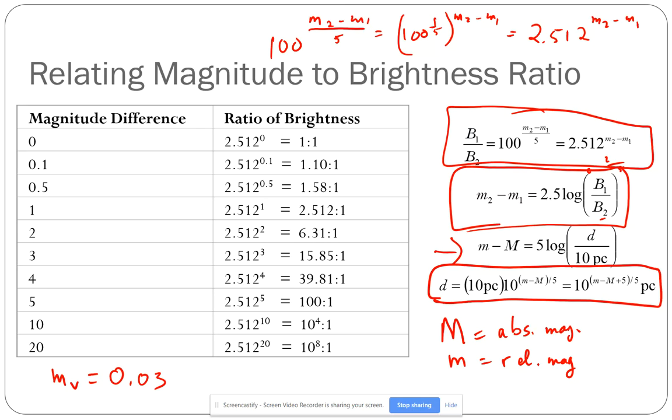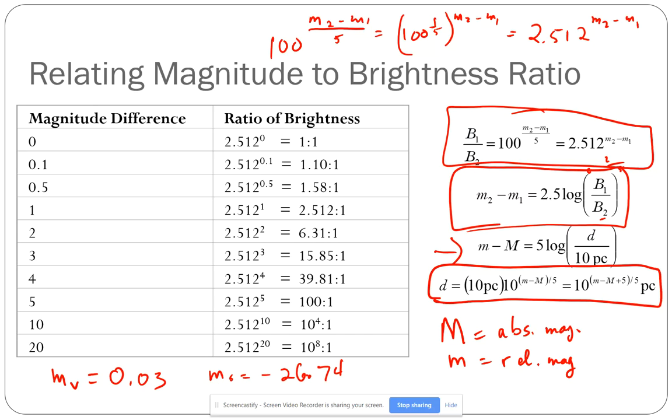Okay, look it up. Negative 26.74. Negative 26 point what? 74. Okay. I'm going with that's a big negative number. It's really, really bright, right? Of course it's really bright. We need that in life. We need its energy.